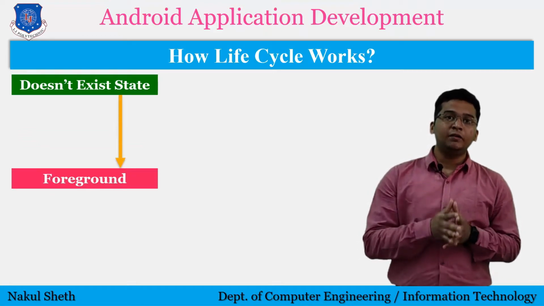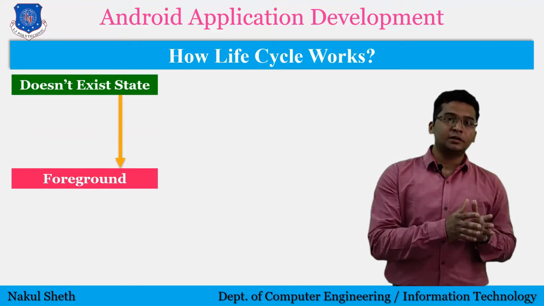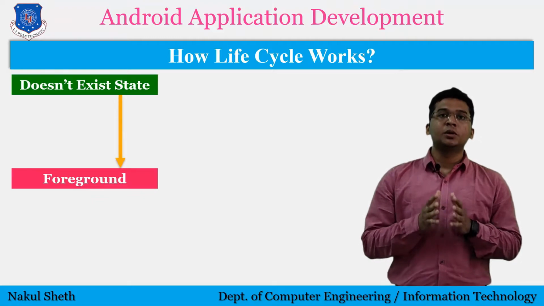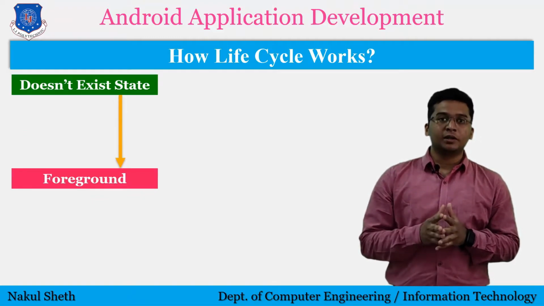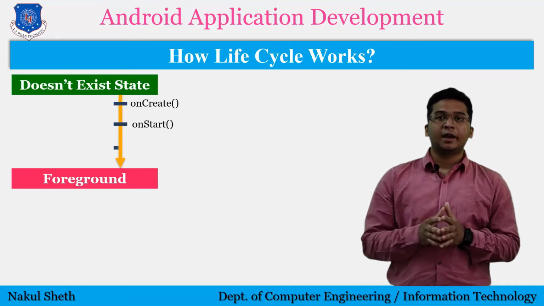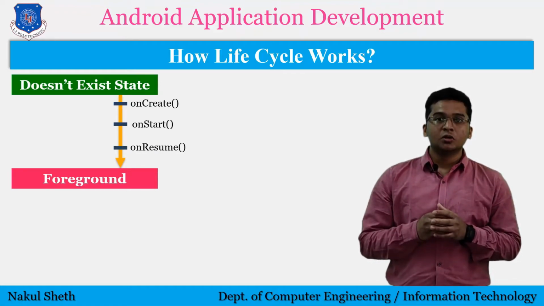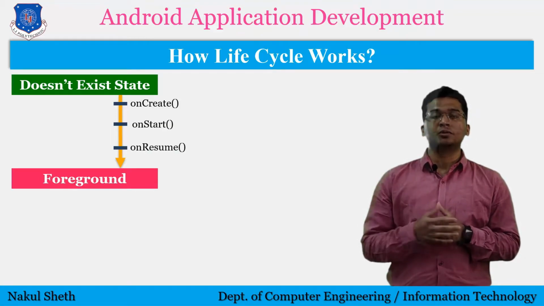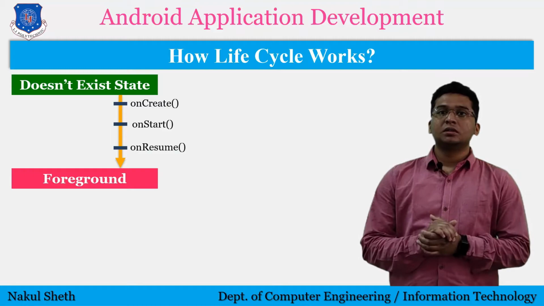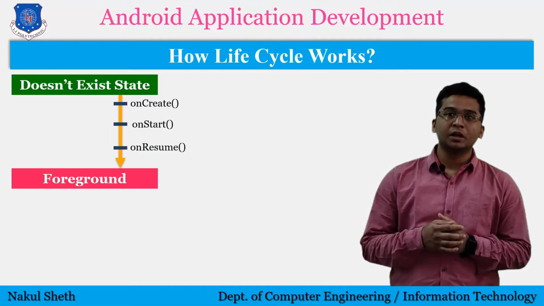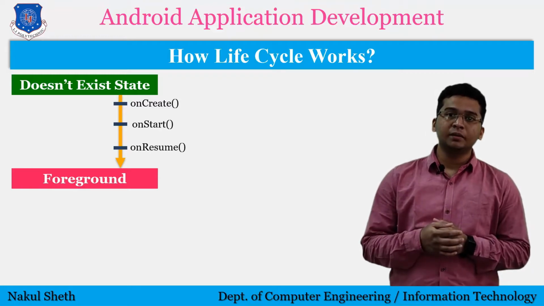So when an activity comes from doesn't exist state to foreground state, then the Android platform is going to call 3 different methods, which are onCreate, onStart, and onResume. So by calling these methods, we can say the activity is in foreground state, which is known as running state.